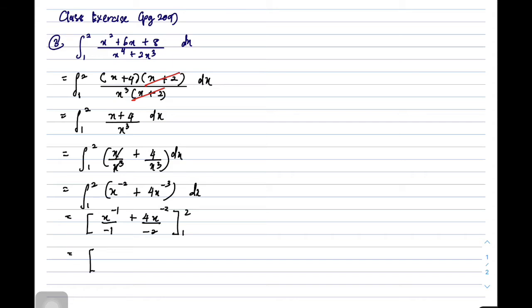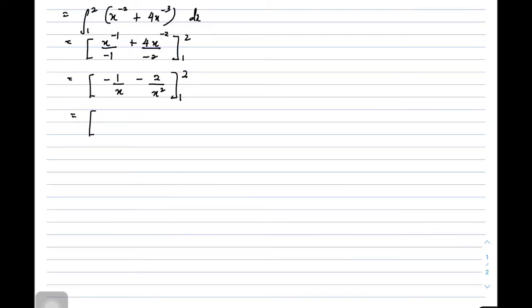Then we rearrange first before we substitute with the values. So negative 1 over x minus 2 over x squared, from 1 until 2. Next, substitute with the highest value first. So negative 1 over 2 minus 2 over 2 squared, then minus negative 1 over 1 minus 2 over 1 squared.